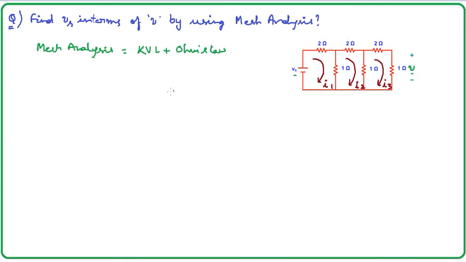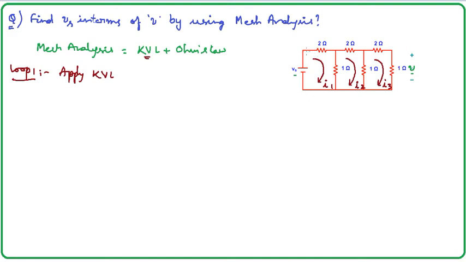Now what I need to do is apply KVL in each and every loop. So let me apply KVL, Kirchhoff's voltage law, in loop 1. According to the basics, we have already seen one of the problems, and let me consider one more time.